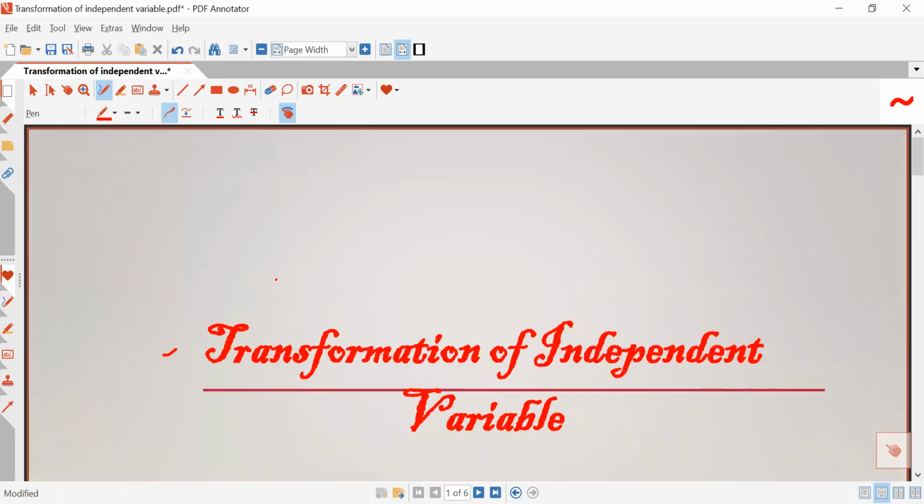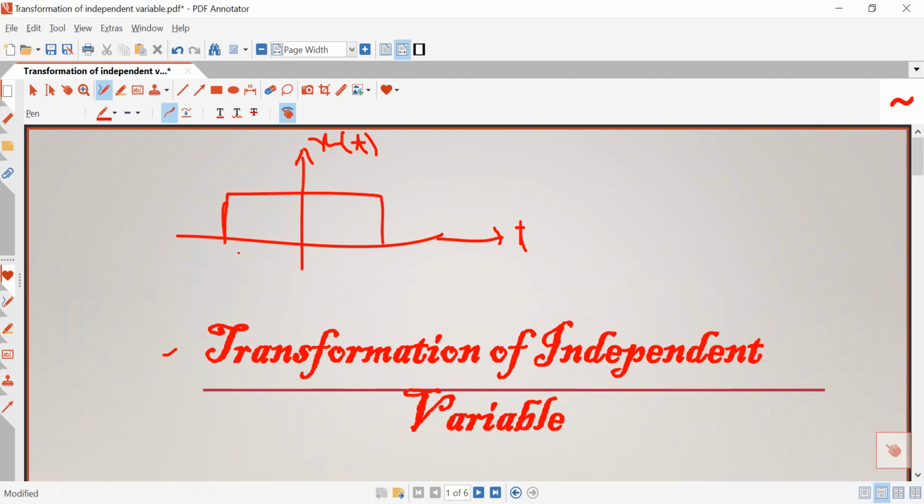For example, this is a signal. This is some physical quantity which is a function of time, and this is a rectangular signal. One point of this signal on the time axis is at -2, for example, and the other point is at +2.